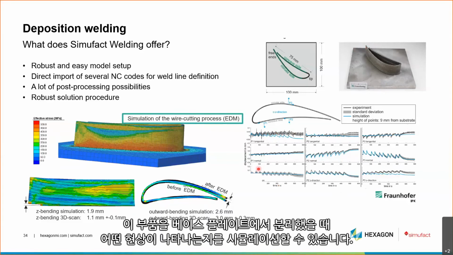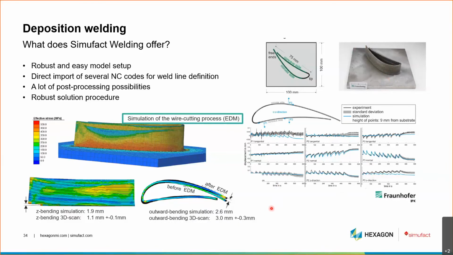What is also possible is, of course, to simulate what happens if I separate this component from the base plate. So we have some bending upwards and some bending to the side because the stresses are released after cutting.